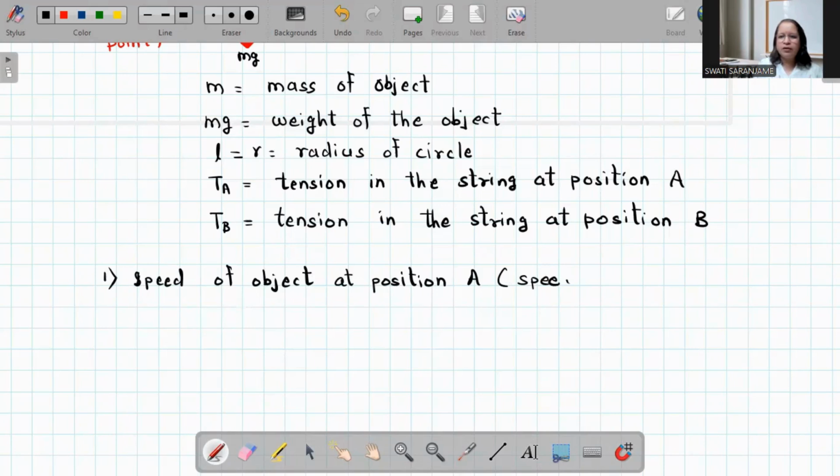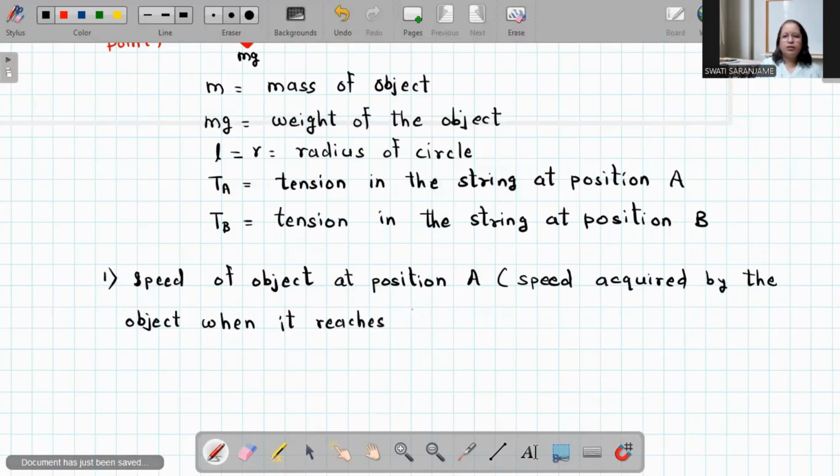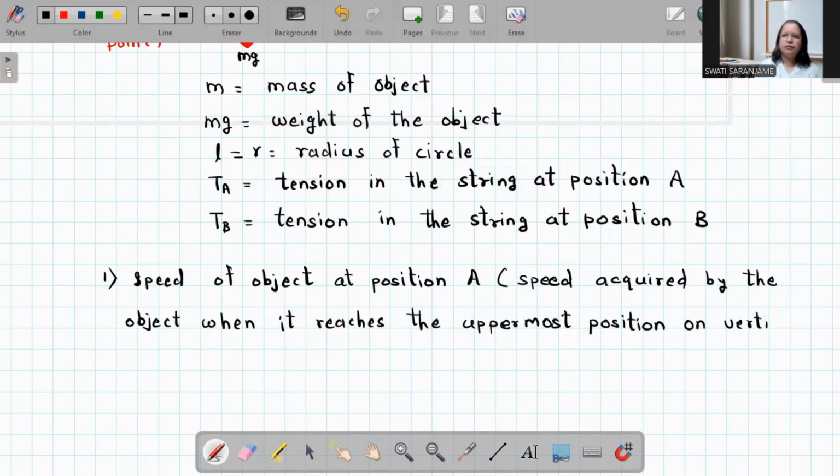It is the speed acquired by the object when it reaches the highest position, or the uppermost position, on the vertical circle. Yes. So let's derive this part.